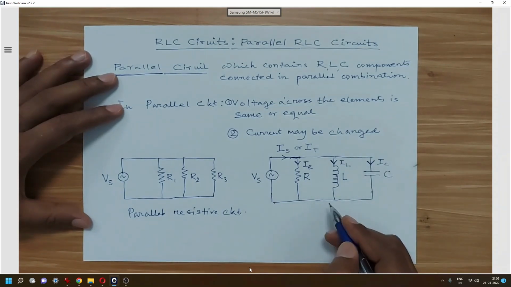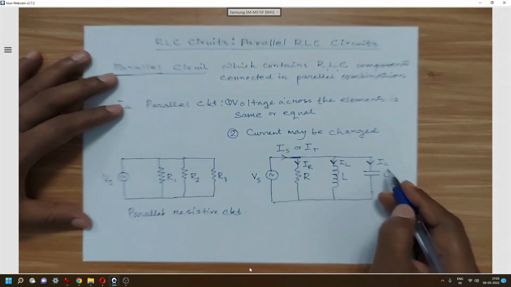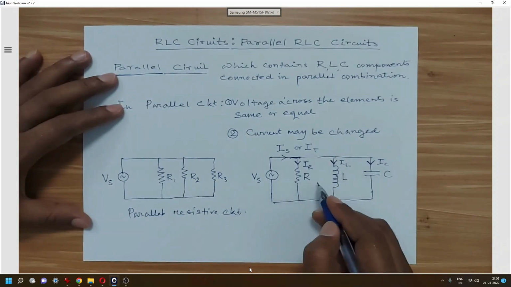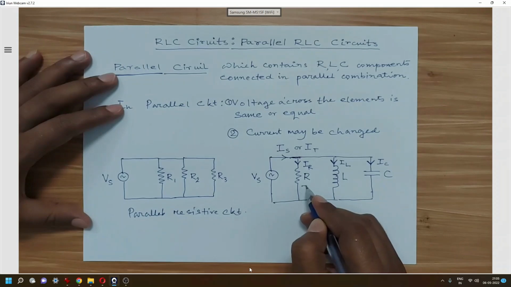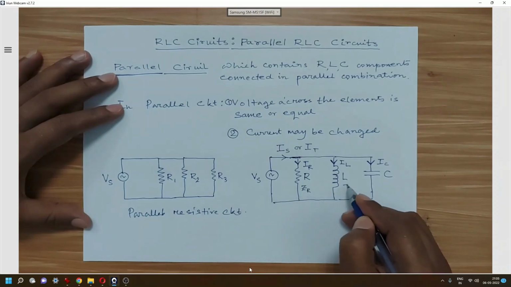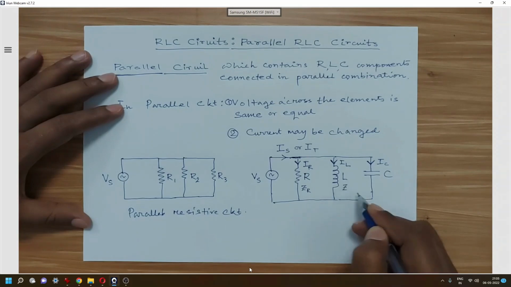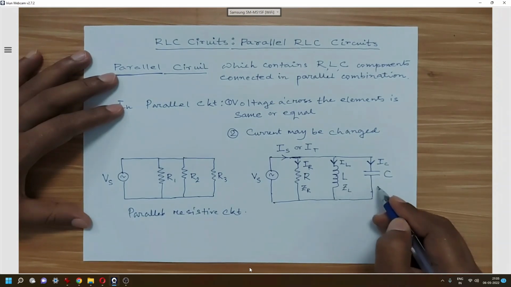Here we know that these currents may be same or may not, depending on the value of impedance created by each element. So the impedance created by R, say ZR, and impedance created by L, say ZL, and impedance created by C is ZC.